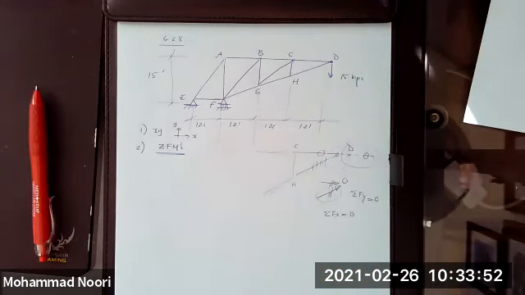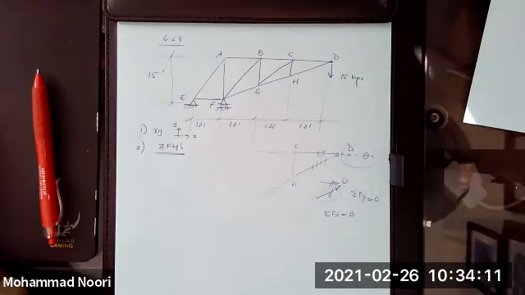So what do we conclude? A special case. If you have a truss with a joint where that joint does not have an external load and only two members coming to that joint, both of those members are zero force members. Remember that.